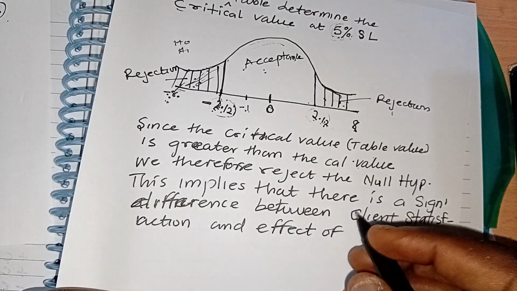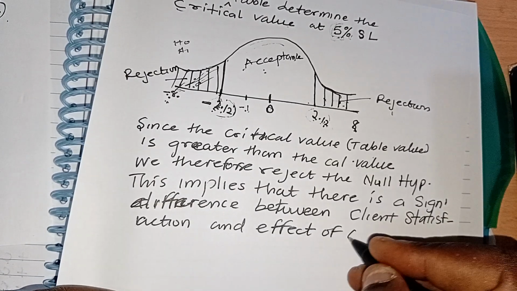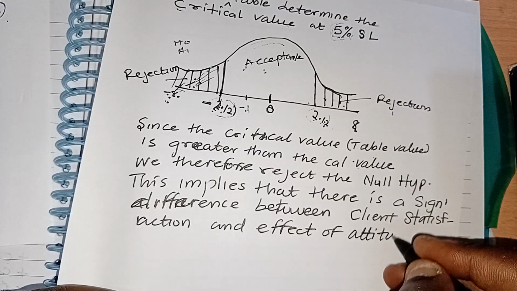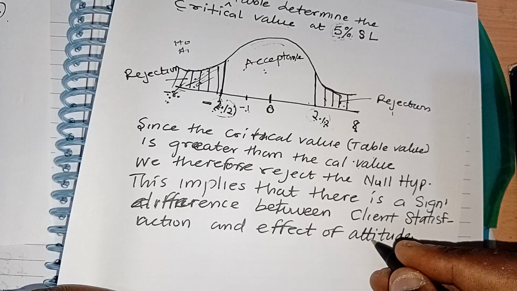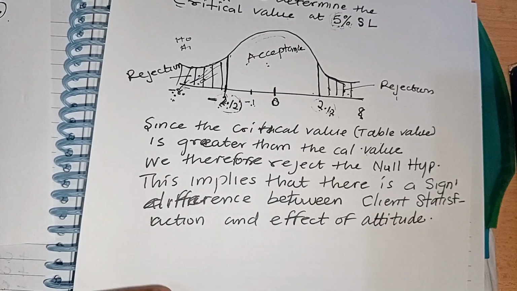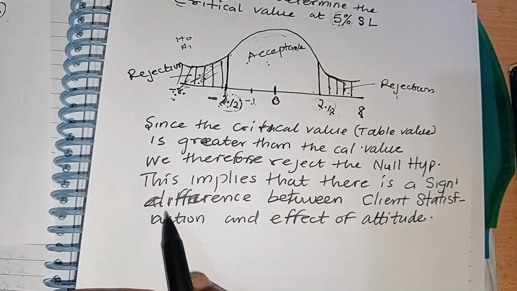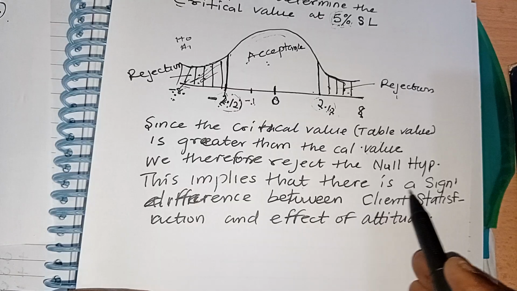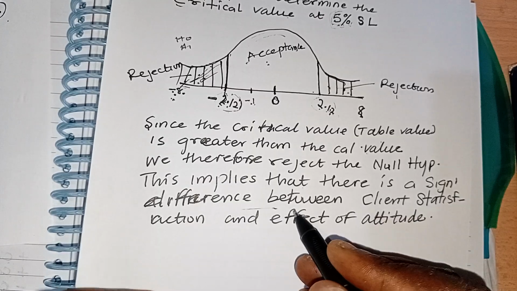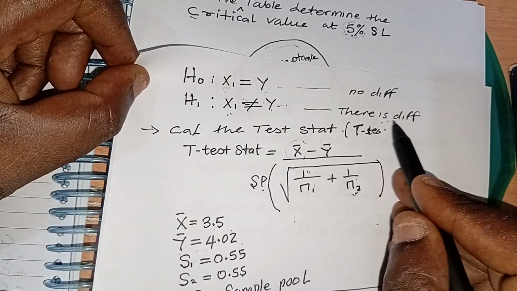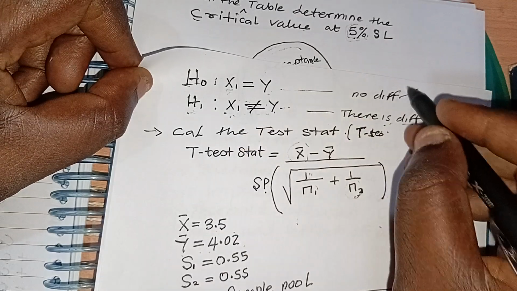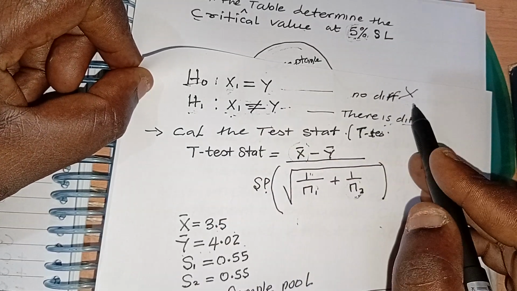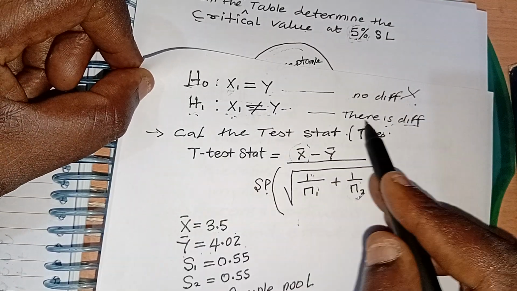Write it down: effect of attitude, there is a significant difference between them. All right, class, this implies that there is a significant difference. So it means we have to reject this, that there is no significant difference. But here there is a significant difference.